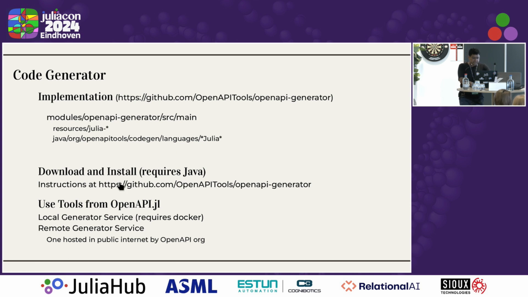You could download and install this locally, but you don't need to, because OpenAPI.jl has a way to invoke the generator and other tools from Julia itself. It has a way to have Docker containers installed locally for all the services, and you can make use of that. So we are going to primarily use those in the demo today.